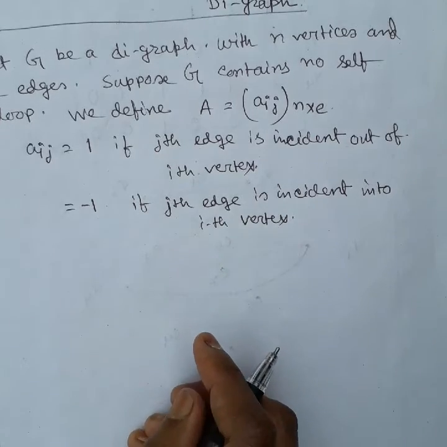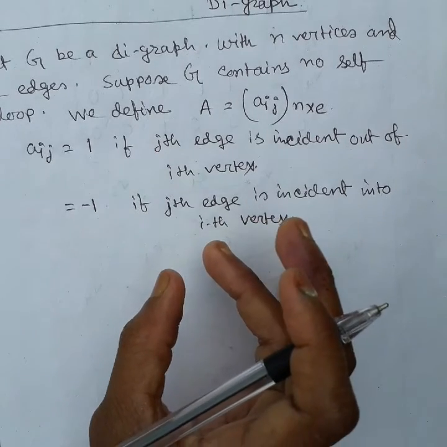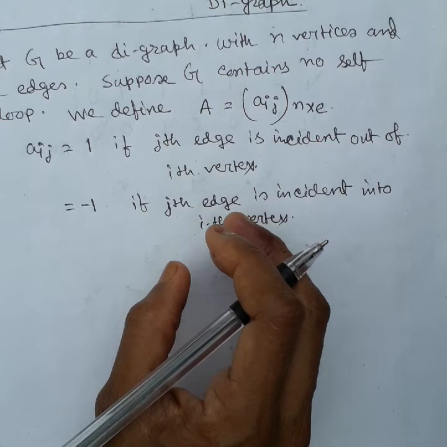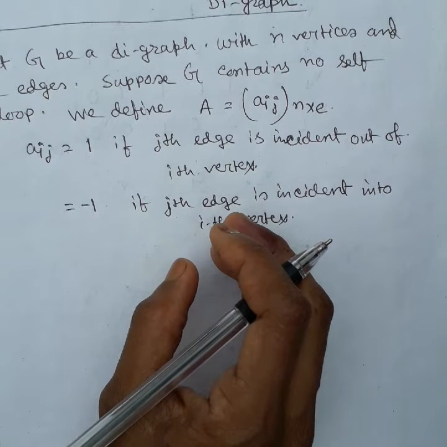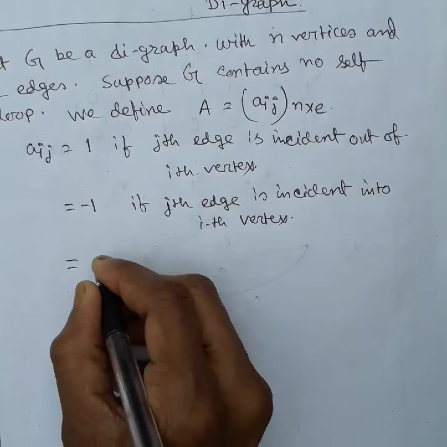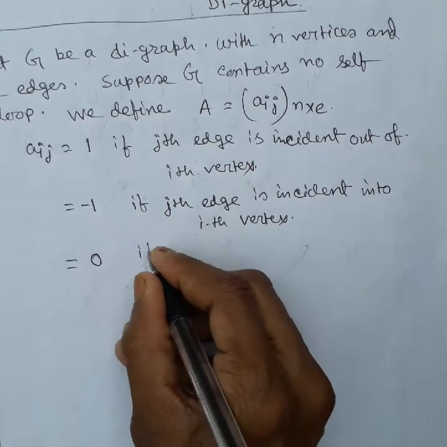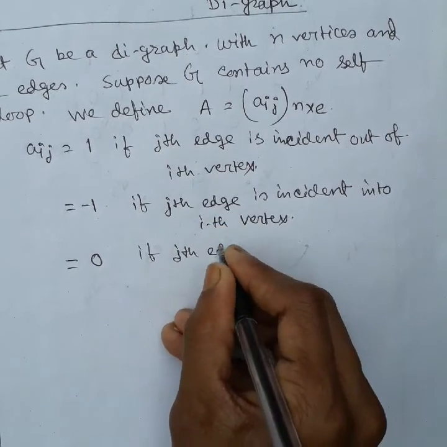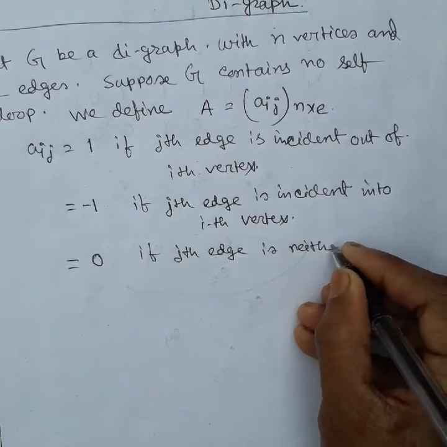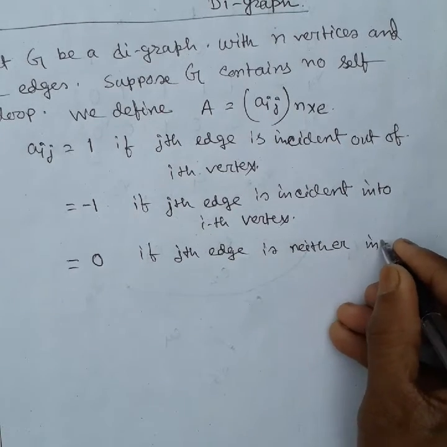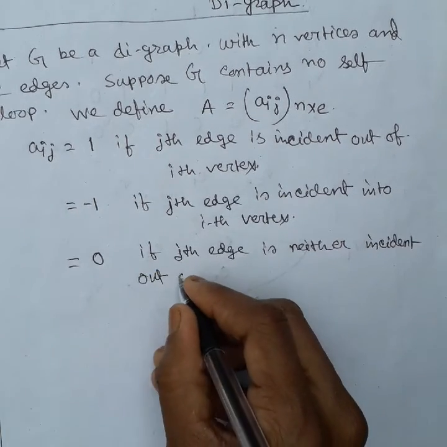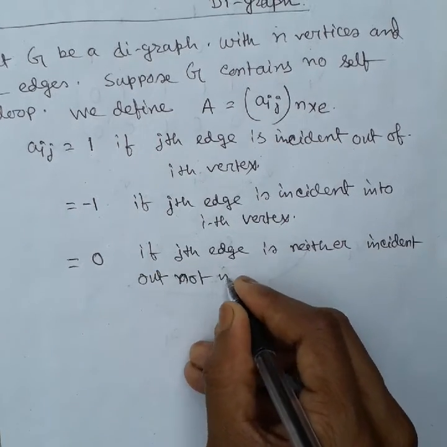That means when the edge is out from the vertex, that is 1, and into the vertex, that is -1. And it equals 0 if the jth edge is neither incident out nor incident into the ith vertex.